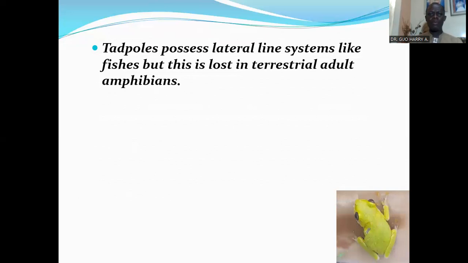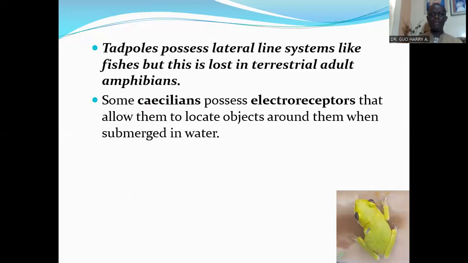Tadpoles possess a lateral line system like fishes, but this is lost in terrestrial adult amphibians. The lateral line system, just as in fishes, is responsible for detecting vibration and pressure in water. So the amphibians are like the fishes, particularly the tadpoles that are entirely aquatic.